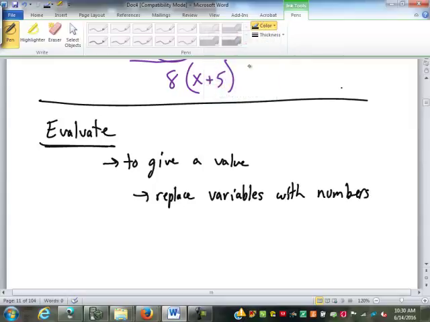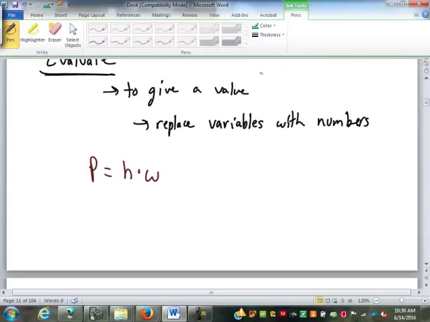So I might give you a formula that says your pay is equal to your hours times your wage. And you might be given the command evaluate for hours equals 12 and wage equals 8.